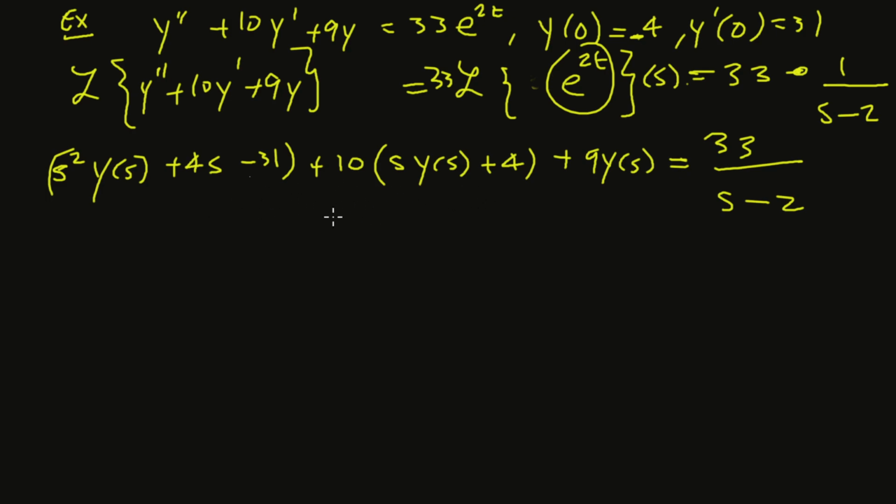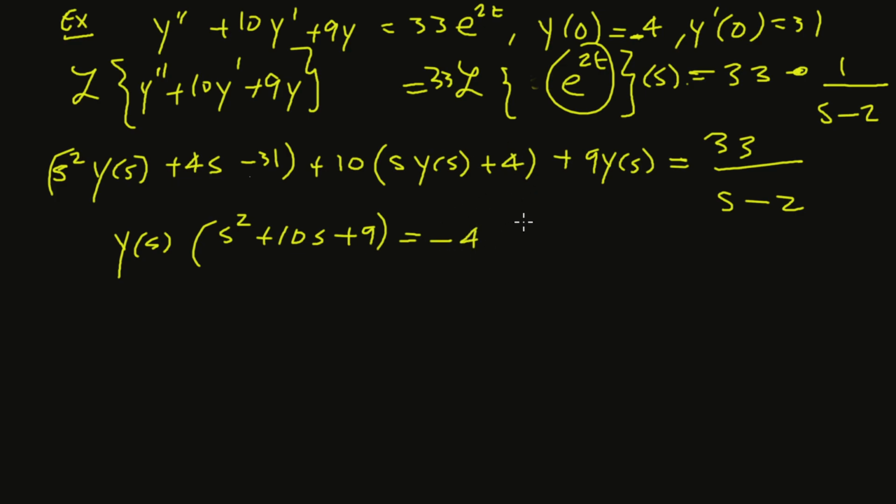We'll collect the terms that have y of s, as we did before, and we factor, then you get this factor here, and we move everything to the right hand side.